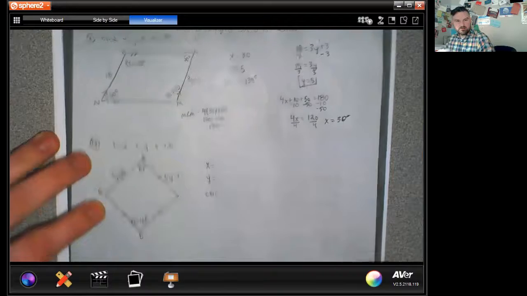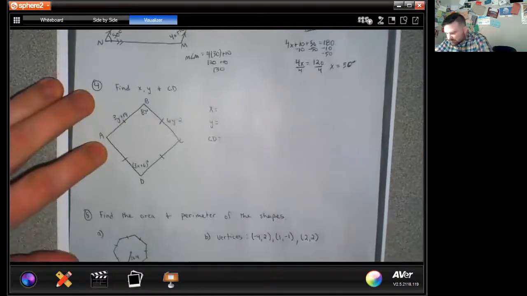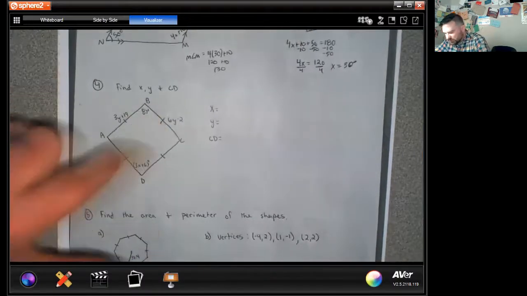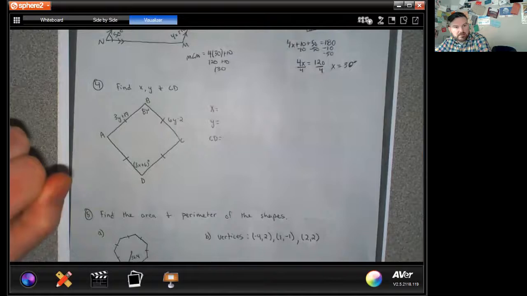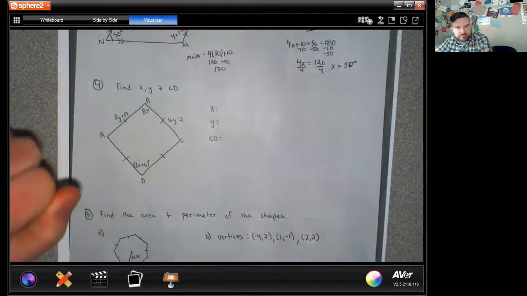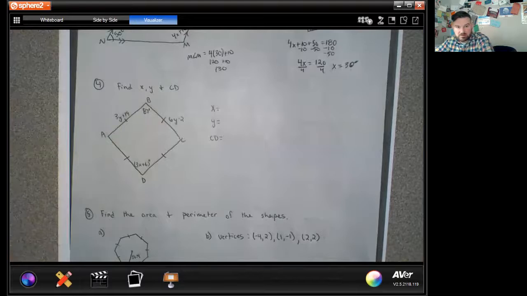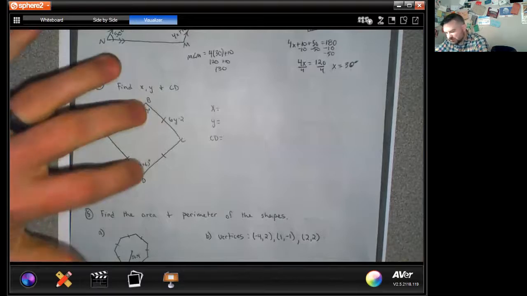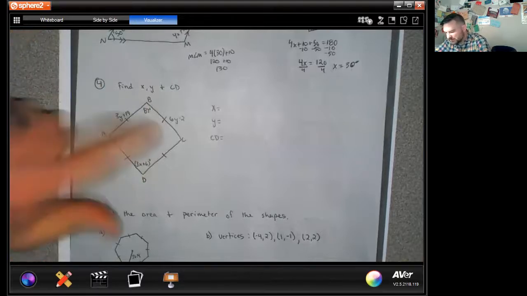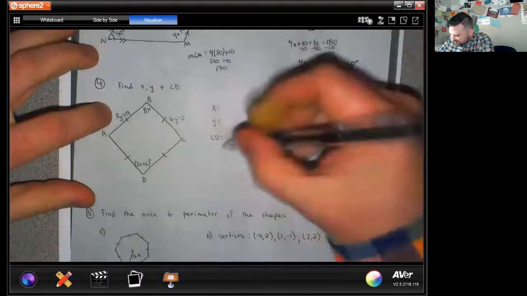All right, here, it looks like they tell me all the sides are congruent. That tells me it's a rhombus. All the sides are the same. It's a rhombus, which is also a parallelogram. So opposite angles are the same, and all the sides are the same, and it wants to find CD.